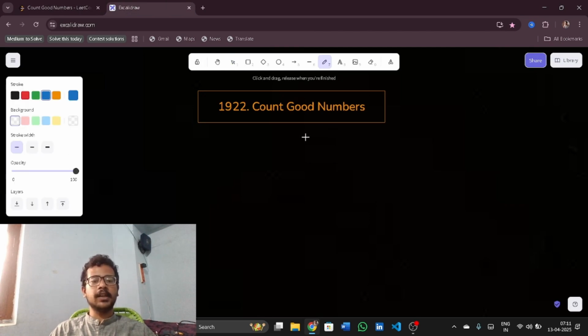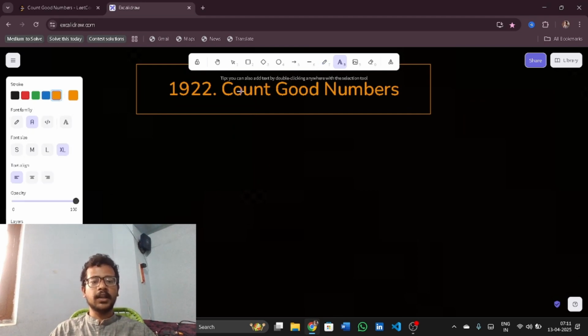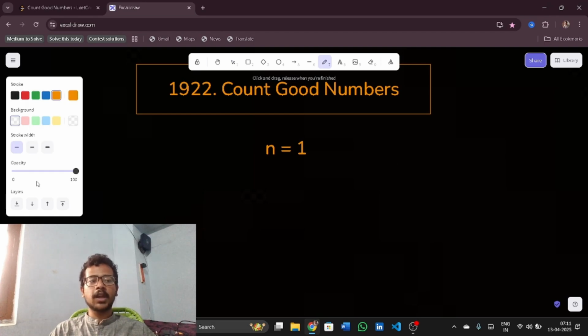As they said, if n is equal to 1, this is the digit that we need to fill. At index 0, which is an even index, I need even numbers.